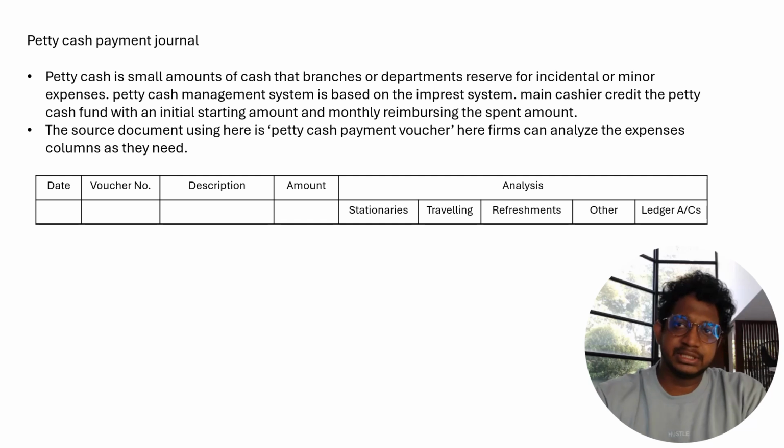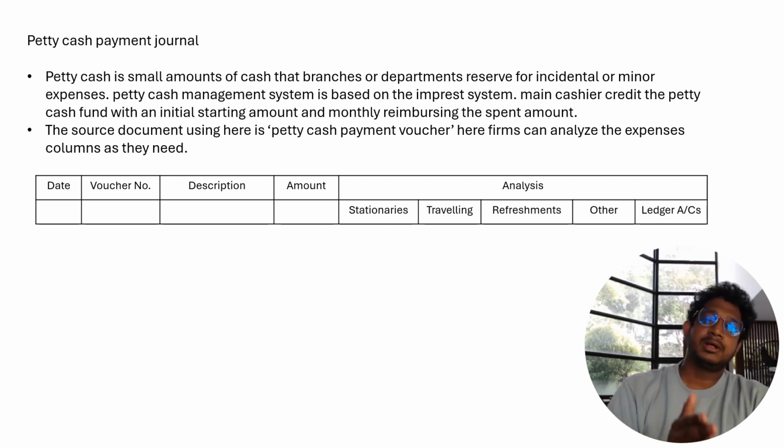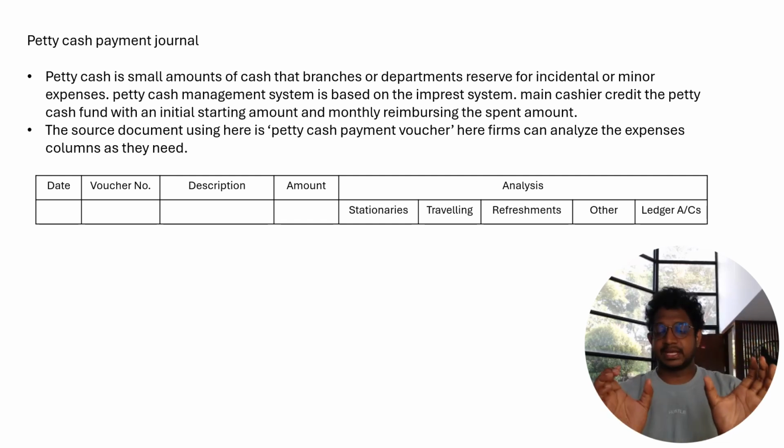And the petty cash payment journal. Why are businesses operating a petty cash payment journal? If the business has large scale payments, to keep the unimportant, which means less important and small amount payments, you have a petty cash imprest system in a separate way. So the main cashier is here, the petty cashier is here.